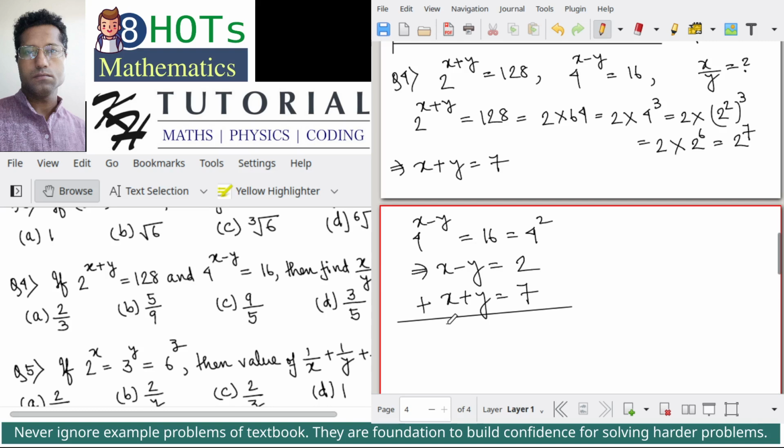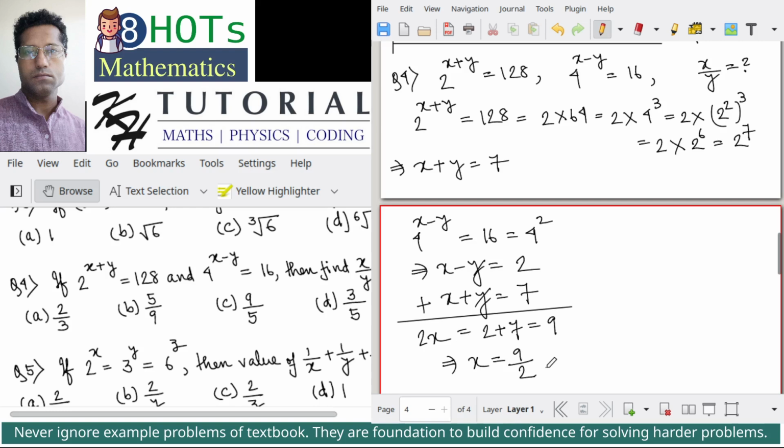As we add up the LHS of these two equations, we see that y gets cancelled out. Minus y and plus y cancel, and x gets added. So we get 2x is equal to 2 plus 7, which is 9. So this implies that x is equal to 9 by 2.